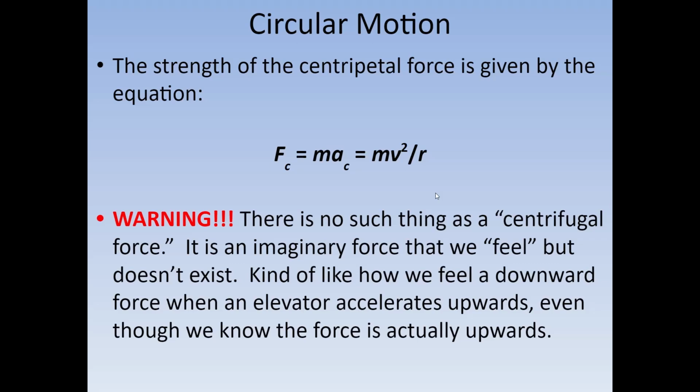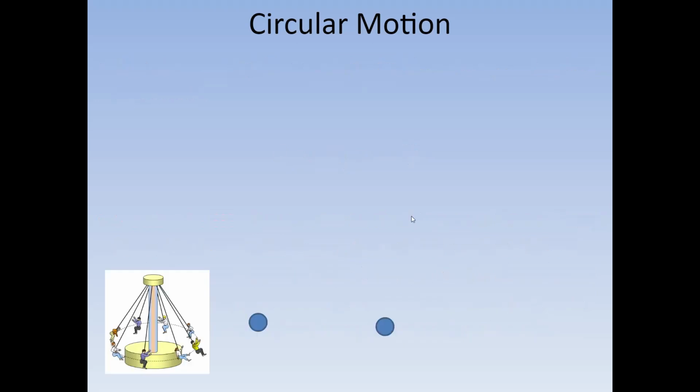It depends on our reference frame. It's like in an elevator, where it feels like you're being pushed down, but there is no pushing down force; it's really just the floor accelerating you upwards. It's almost counterintuitive.